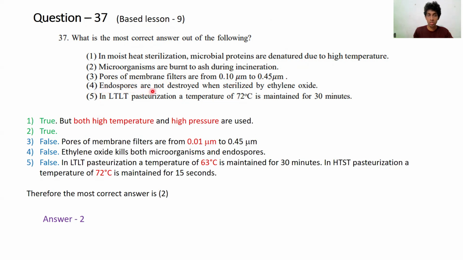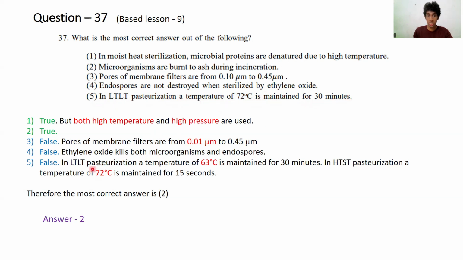Fourth one, endospores are not destroyed when sterilized by ethylene oxide. No, ethylene oxide kills both microorganisms and endospores. Therefore, fourth one is wrong. Fifth one, in LT-LT pasteurization, that means a low temperature, long time pasteurization, a temperature of 72 degrees Celsius is maintained for 30 minutes.